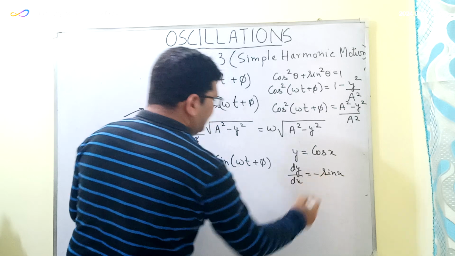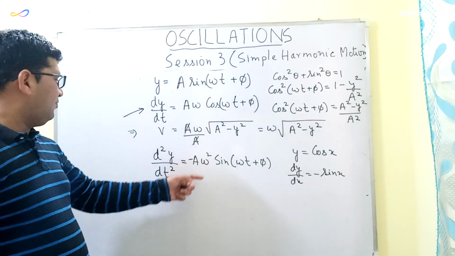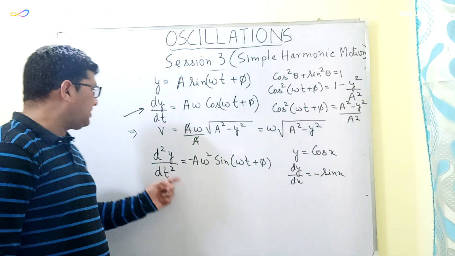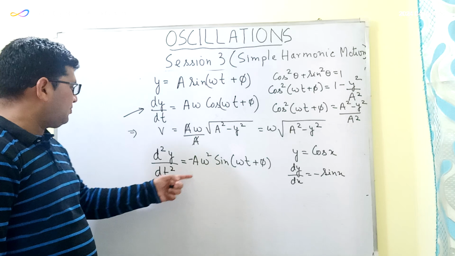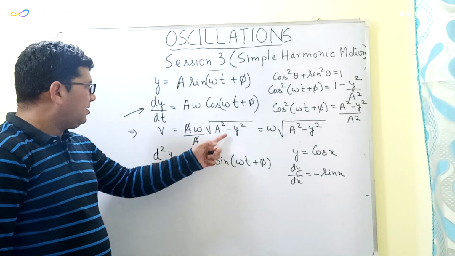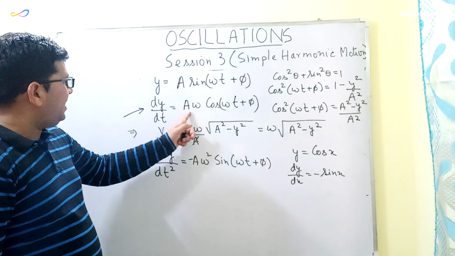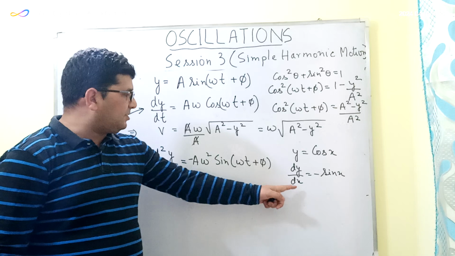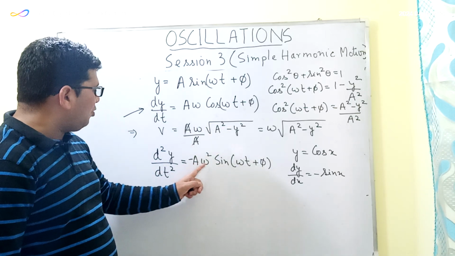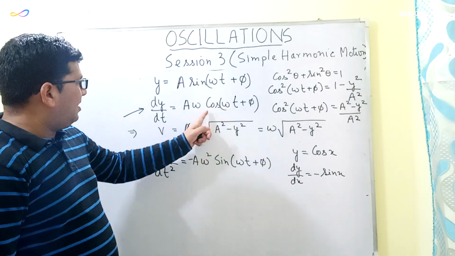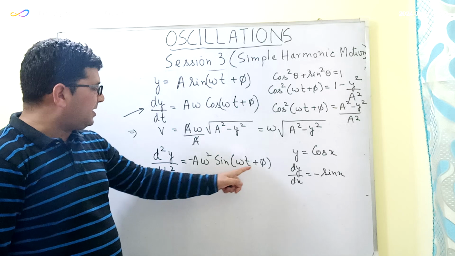So using this formula, we will get the second differentiation, d square y upon dt square, as minus a omega square sine(omega t plus phi).